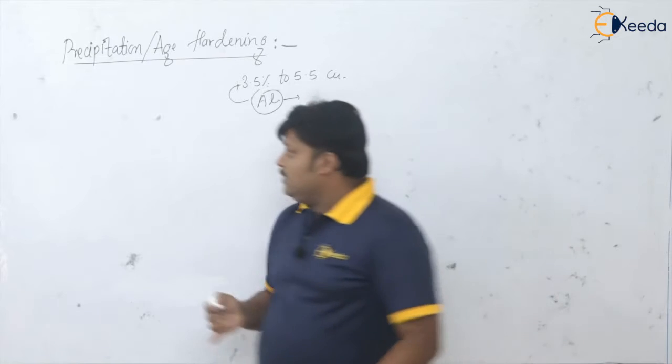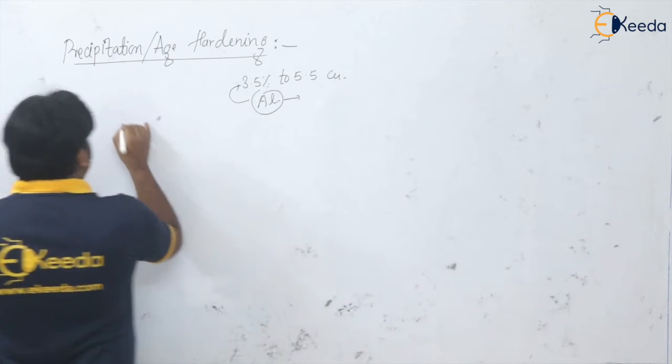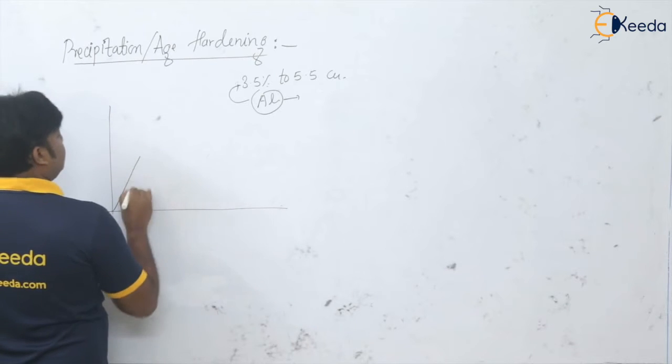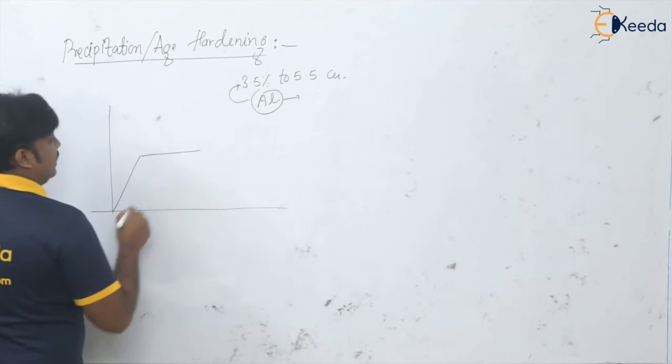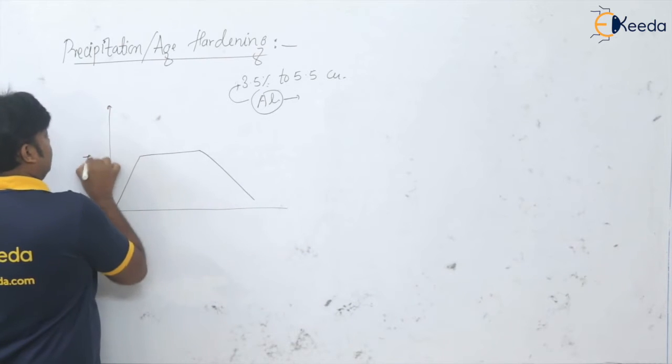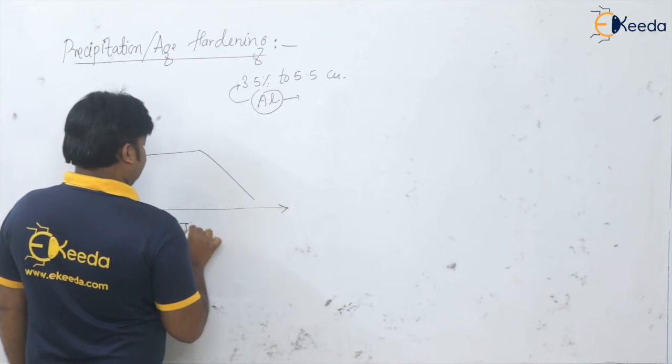And of course, what is the general heat treatment process that we have? He heated this specimen, held it for a particular time, and quenched it. So this is temperature versus time.